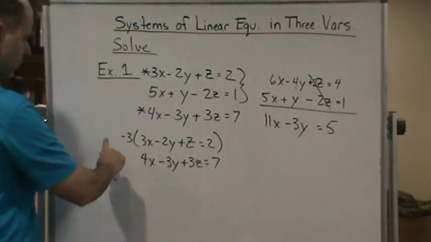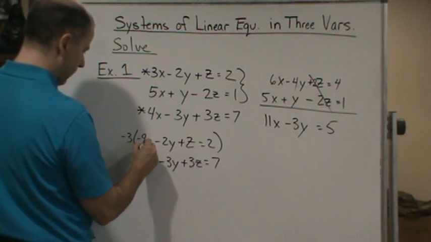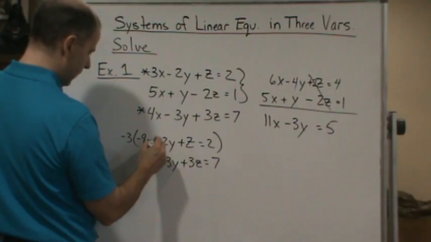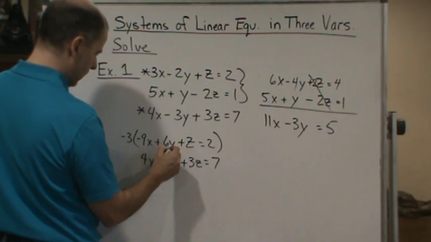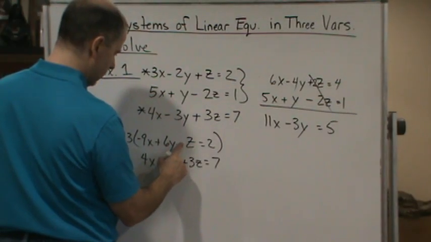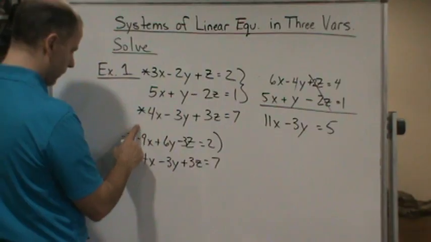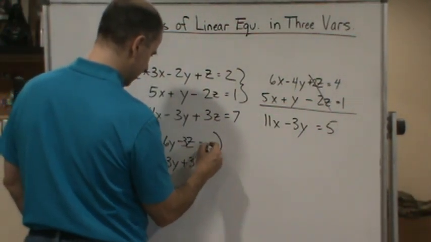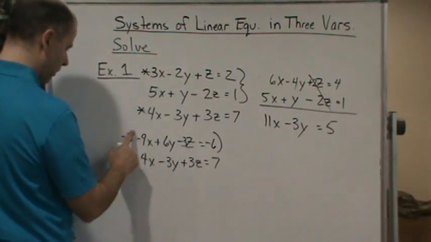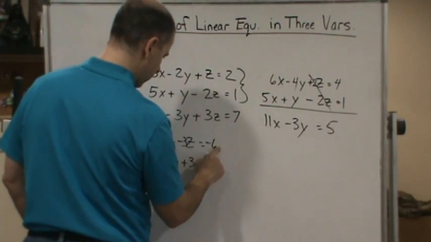And again, if I multiply through, I get what? I get negative 9, I get plus 6, and I get minus 3. So I can drop this, and of course, minus 6 here. Okay?